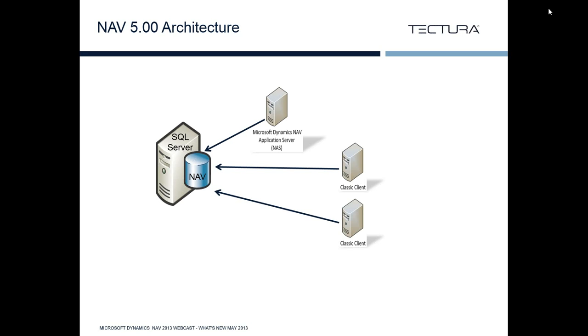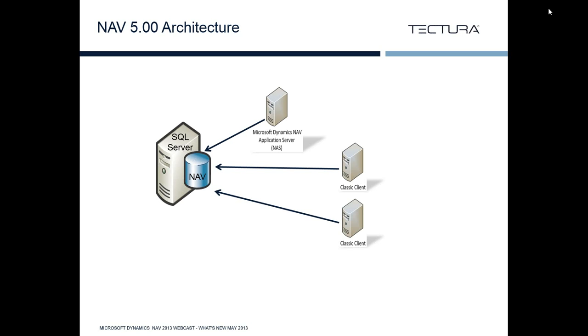For those of you who may be familiar with previous versions of NAV, so if we look back at former versions of NAV, NAV 5, NAV 2009 as being previous releases, NAV 2013 introduced some significant enhancements, and some of those enhancements were around the provision of NAV in the cloud.